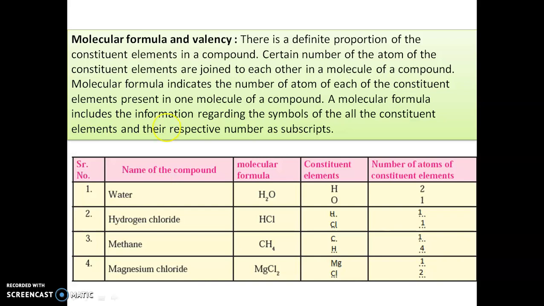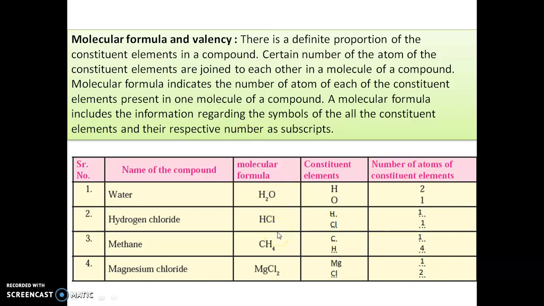From the molecular formula of water, that is H2O, we can say that there are two hydrogen and one oxygen atom. A molecular formula gives the symbols, that means short forms, of all the constituent elements and their respective numbers as subscripts. Subscript means here 2. See how this 2 is written?